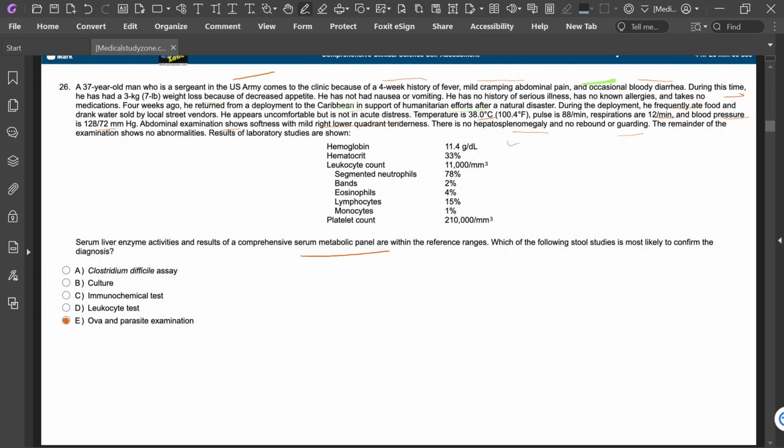Stool culture can help to identify infection with organisms like Salmonella, Campylobacter, or Shigella. Although Salmonella, Campylobacter, and Shigella can present with bloody diarrhea, this patient was recently traveling in the Caribbean, where Entamoeba histolytica is endemic, making it the most likely causal organism.